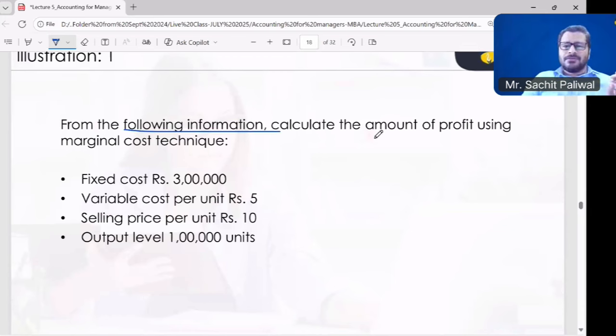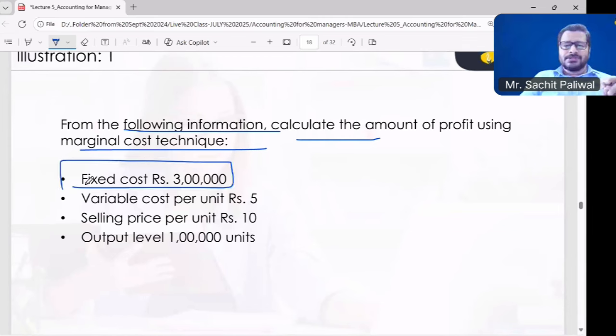So this is the formula to calculate the profit using marginal cost techniques. What is the fixed cost? 3 lakh rupees. The plant, property, furniture, fixtures, whatever the plant cost is, 3 lakh rupees. Variable cost is 5 rupees per unit. So how many units are you going to use of variable cost? Multiply with that.